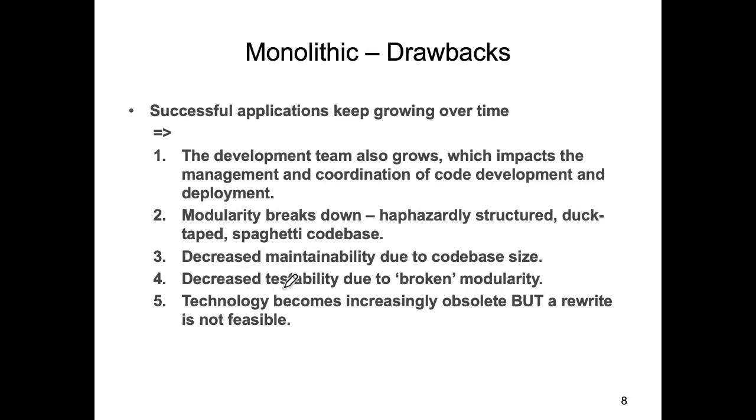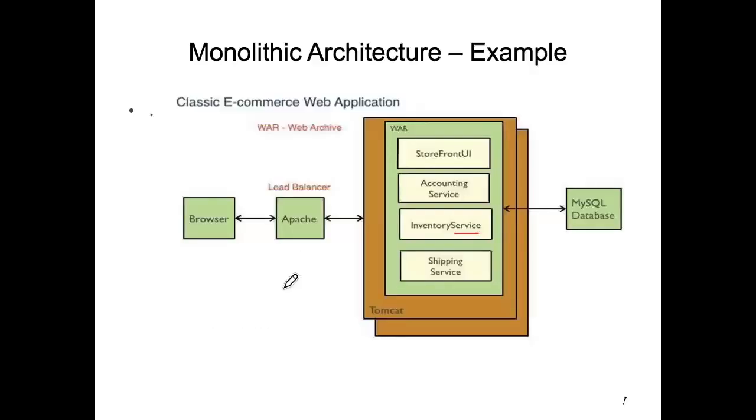Decreased testability. When we have a nice modular breakdown, and the modules are self-contained in as much as they can be within a single code base, then testing is actually quite easy to do. If I go back to here, it's quite easy to write a set of automated tests that just focus on a particular module. And even if that module is communicating with other modules, you can use a technique called mocking for the other modules.